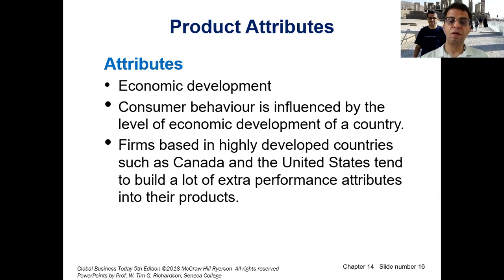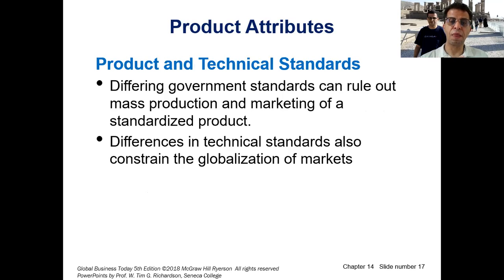For example, firms in a highly developed country such as Canada and the United States tend to build a lot of extra performance attributes into their product because in advanced countries, people tend to differentiate between their tastes. You can see that in a Starbucks. A lot of taste, a lot of types of coffees. You can go there and see it.